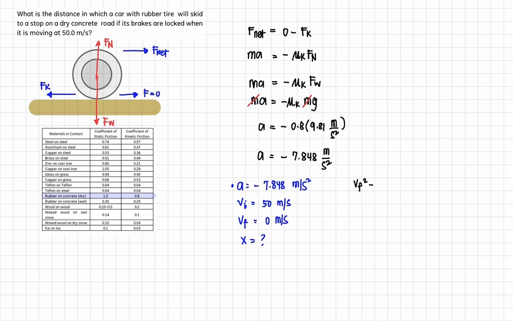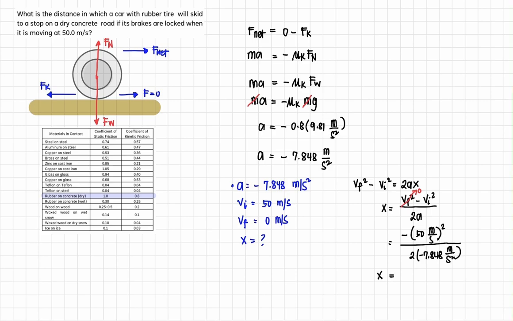Vf squared minus Vi squared is equal to 2ax. So x is equal to Vf squared minus Vi squared over 2a. And the final velocity is 0. So this is negative 50 meters per second quantity squared divided by twice of negative 7.848 meters per second squared.